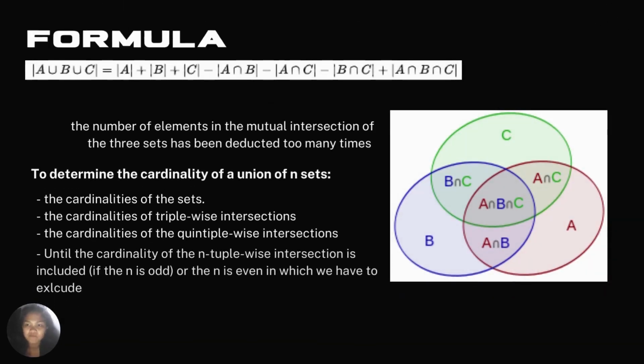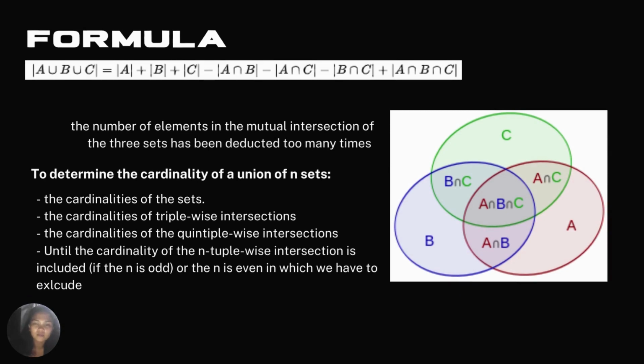Next. This formula may be validated by counting the numbers of items for each region in the Venn diagram that appears on the right-hand side of the formula. So here there is green, blue, and red.